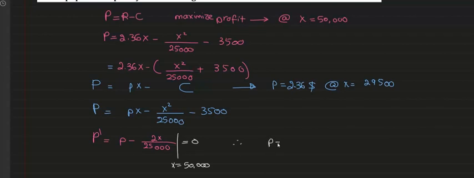So the price is going to be the 2 times the given X divided by the 25,000, and hence we will find the price $4. So this is the maximum price that we can set per bag if we are selling the 50,000 bags.